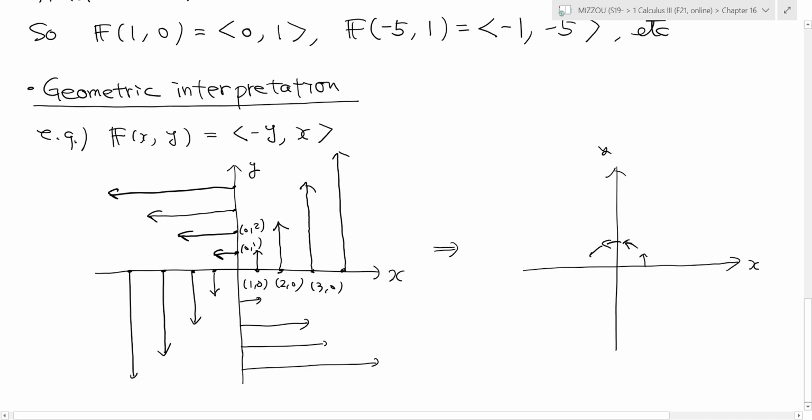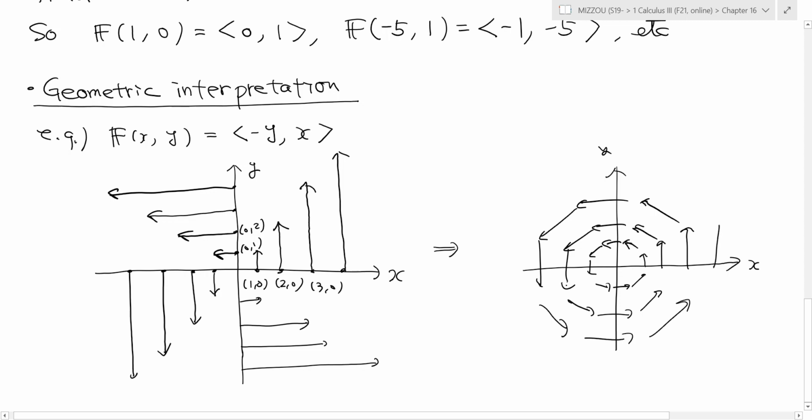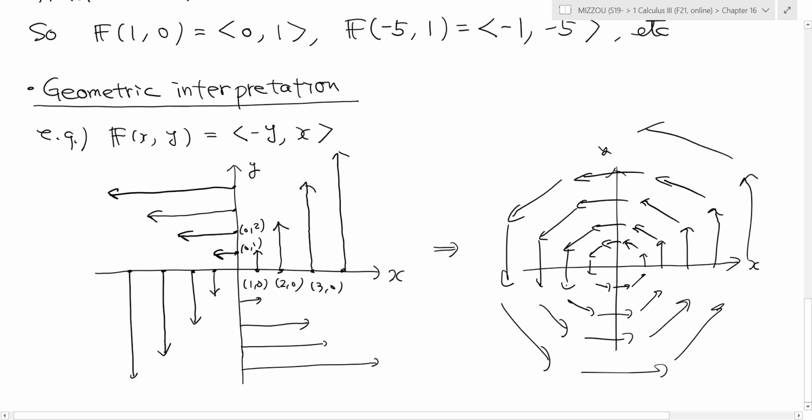At each point, you see a vector like this. It's like a vortex indeed, rotating around the origin. And as you get further away from the origin, the arrow gets longer and longer and longer, like this, and so on.